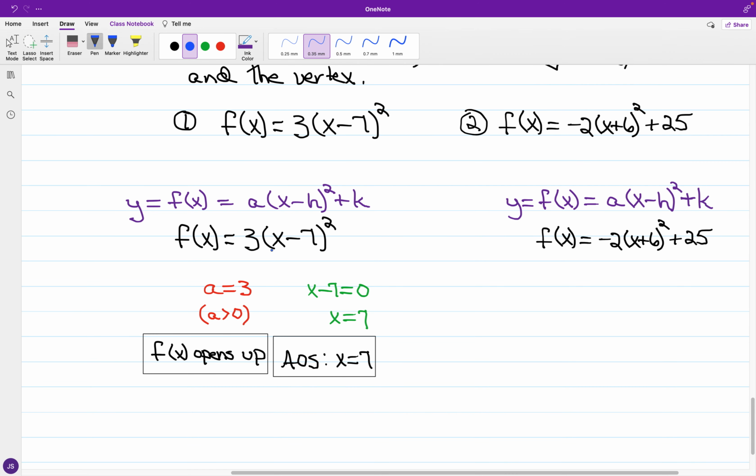Now for the k value, notice that there is no constant, positive or negative, that follows 3 times the square of x minus 7. So you have a void here, and this signals that k is equal to 0. So for the vertex, the location will be at 7, 0.